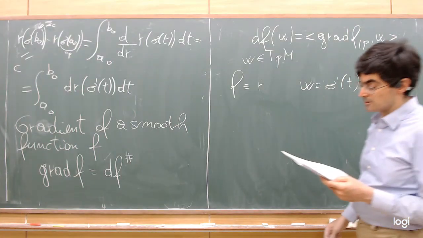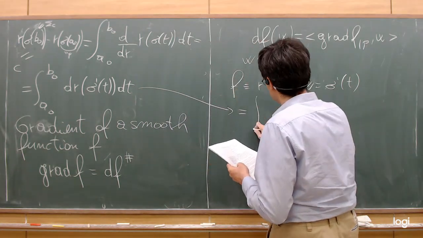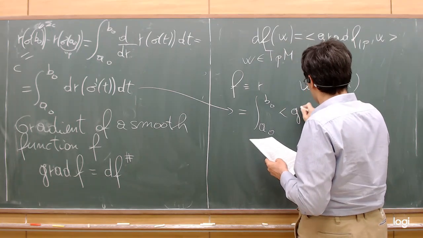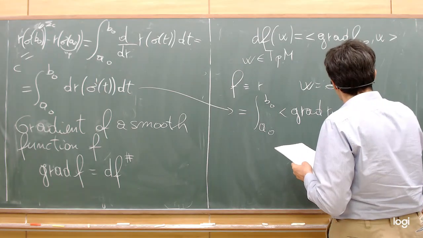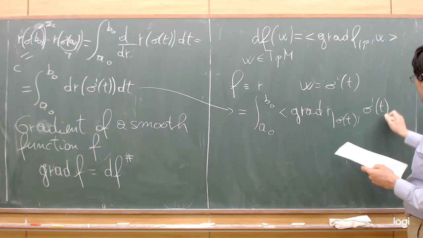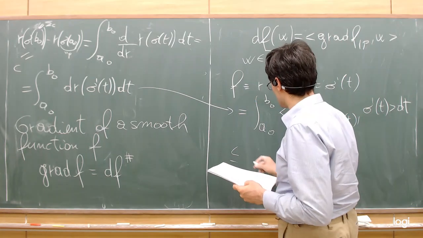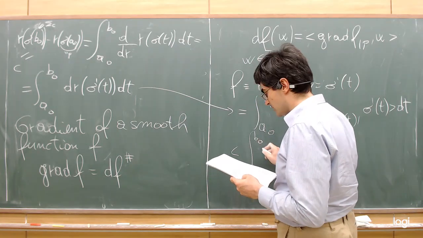So we get that this is equal to the integral of this inner product, and clearly this is smaller or equal to this integral.